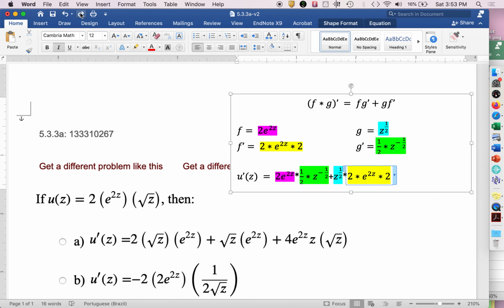Okay, now that we have all the pieces of this together, let's see if we can simplify it a little bit. So this is left d right plus right d left.